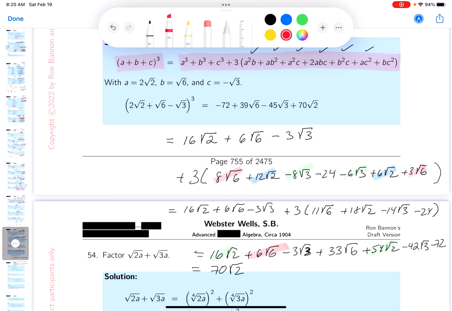See it there, and I see it there. And that's going to be 39 root 6s. And then I'm going to concentrate on the root 3s, right? And that's going to be minus 45. Let's put that down. Yeah, minus 45.